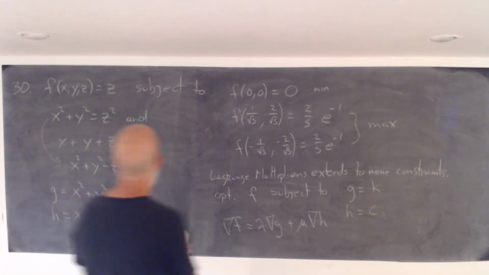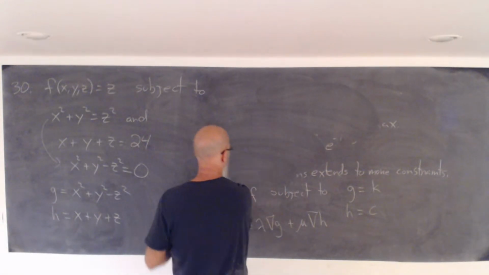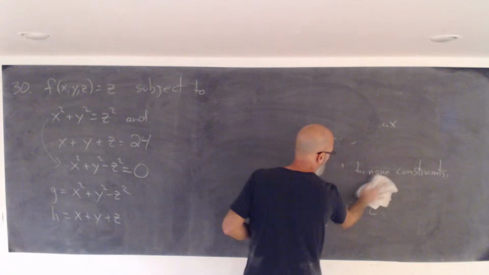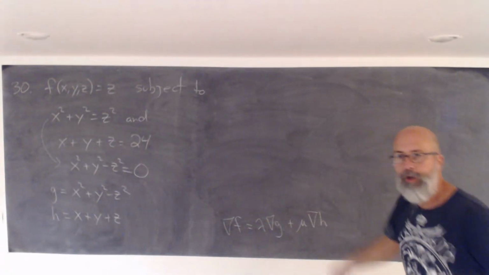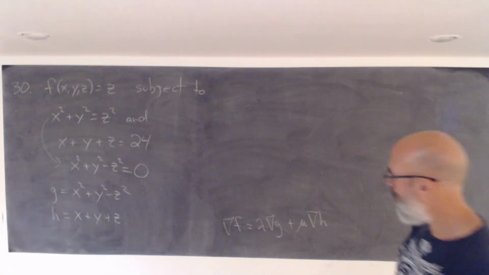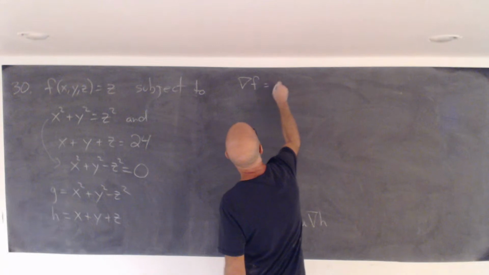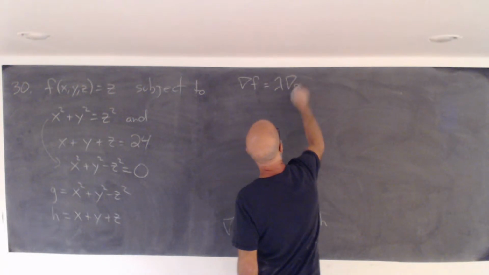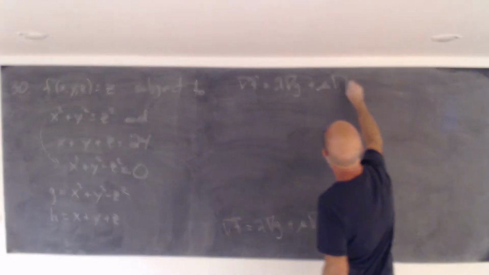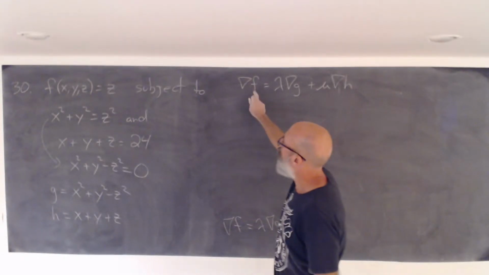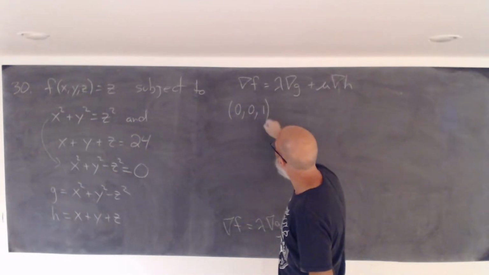So the gradient of f should be equal to a linear combination of the gradients. Gradient of f here is 0, 0, 1.